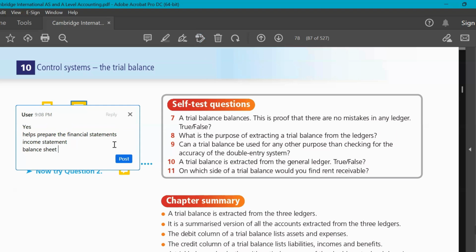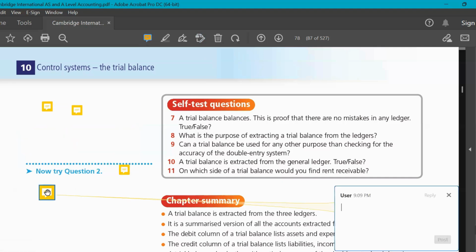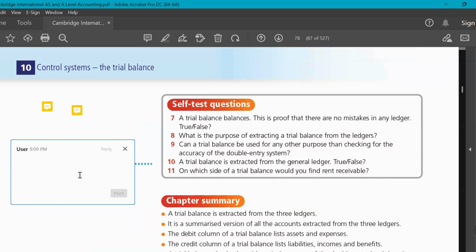Okay, number 10. A trial balance is extracted from the general ledger. You get the data from the general ledger and use it for the trial balance. True or false? Of course, the answer is true, because the general ledger contains all the accounts, like the book of all books.